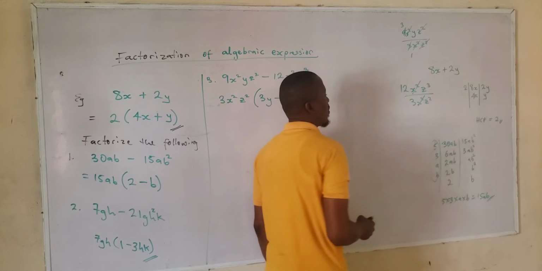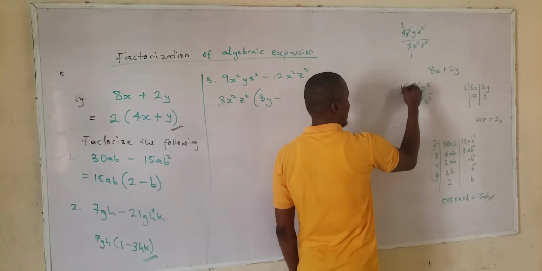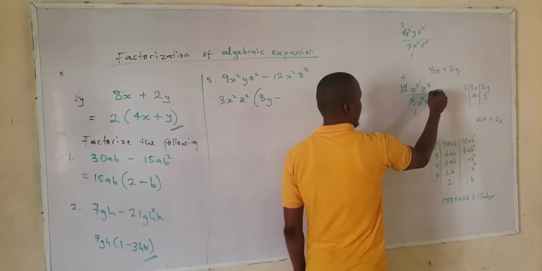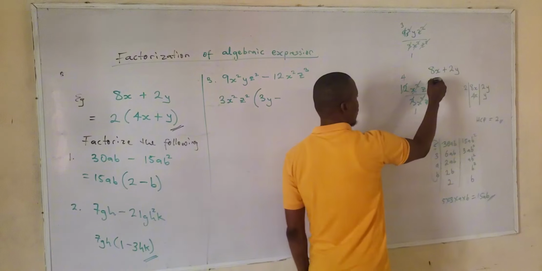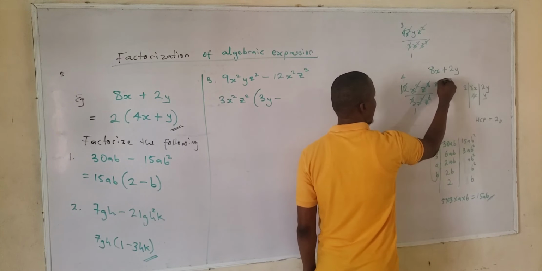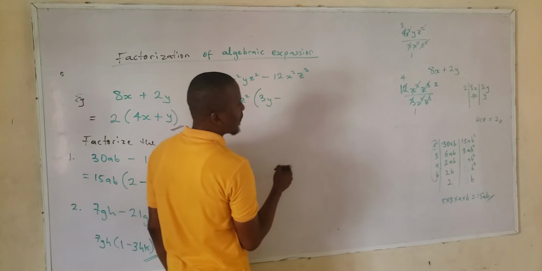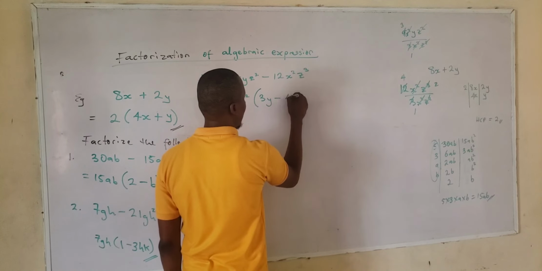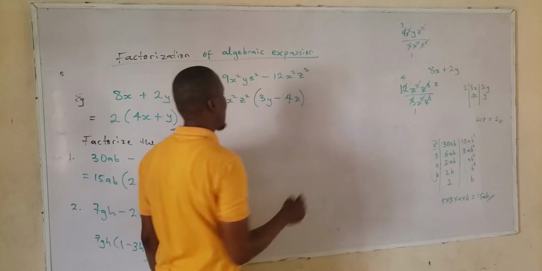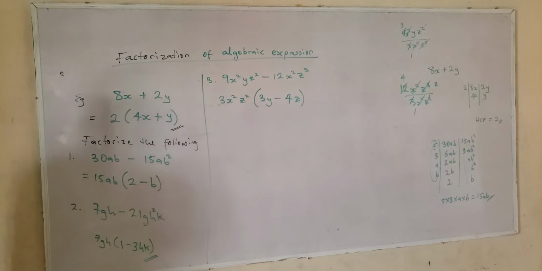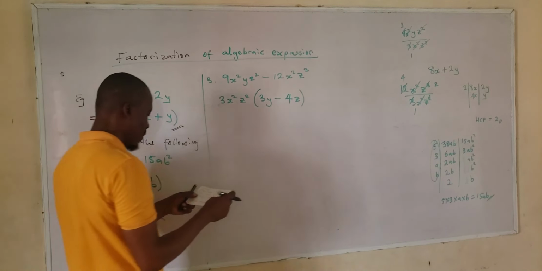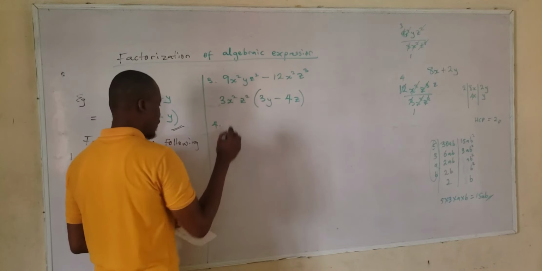S square will go. 3 here, 1; 3 here, 4. 2 of the z will cancel 2 of the z, remaining what? 1 of the z. So you now have 4z remaining. So minus 4z. Okay? So that's how that goes. Let's solve one more example on those simple ones.